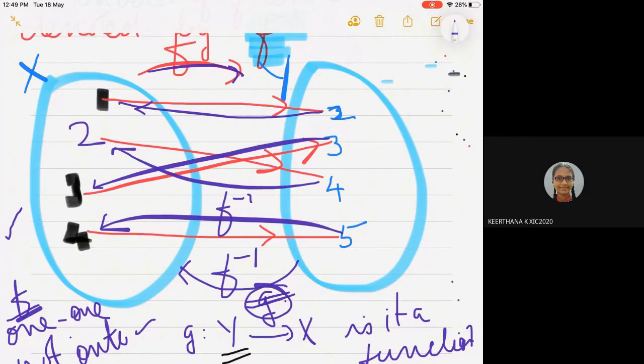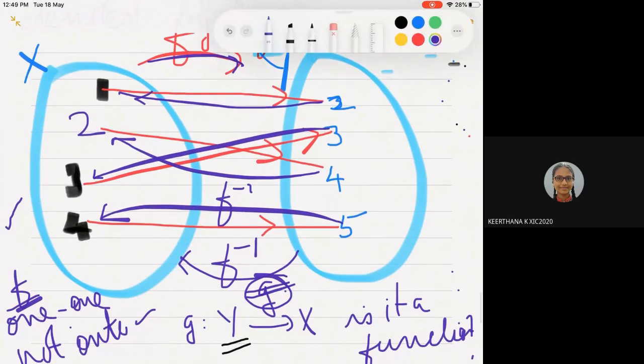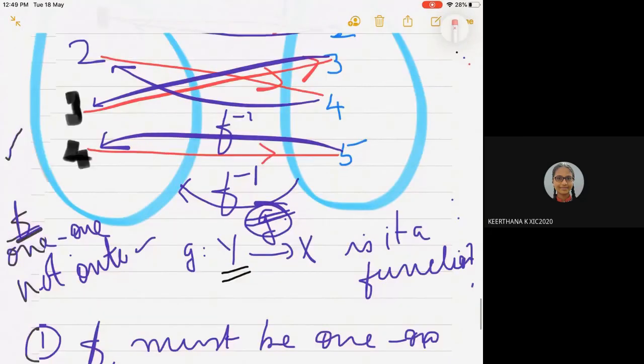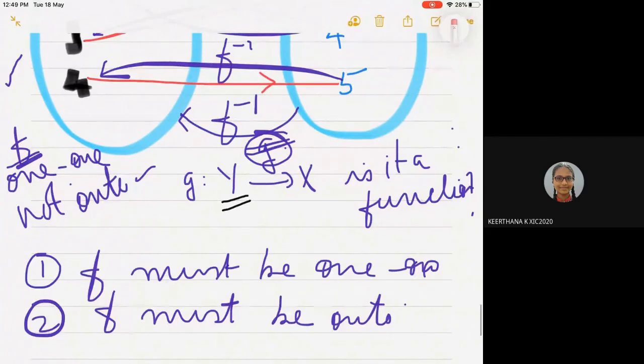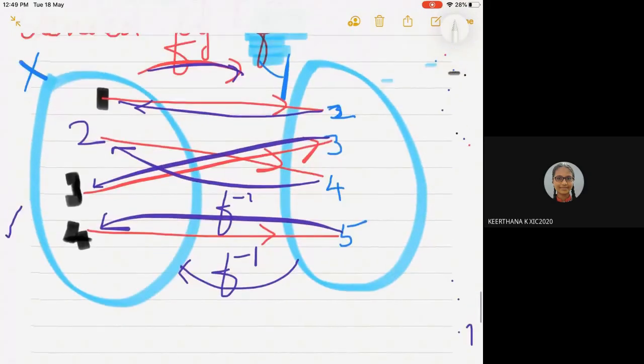Now I explained this simply by arrow diagram, but theoretically, when you ask how do we write it, you can also notice what the composition of f and f inverse becomes. In the composition idea, I have to take 3 sets, right?